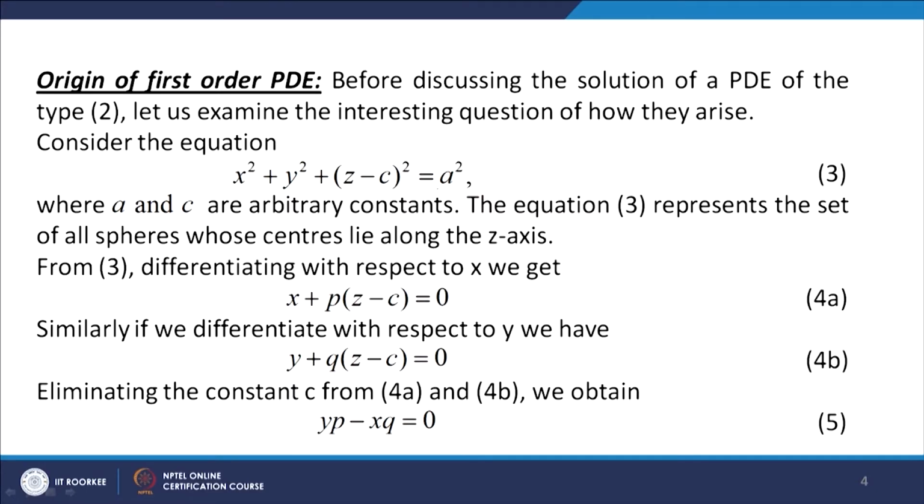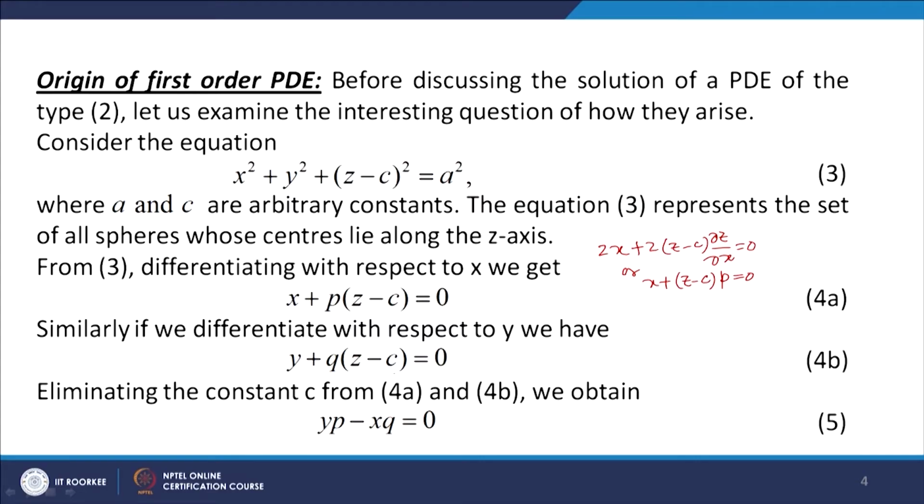Now, from this equation, when we differentiate it partially with respect to x, we get 2x + 2(z − c)∂z/∂x = 0, or we can write it as x + (z − c)p = 0.